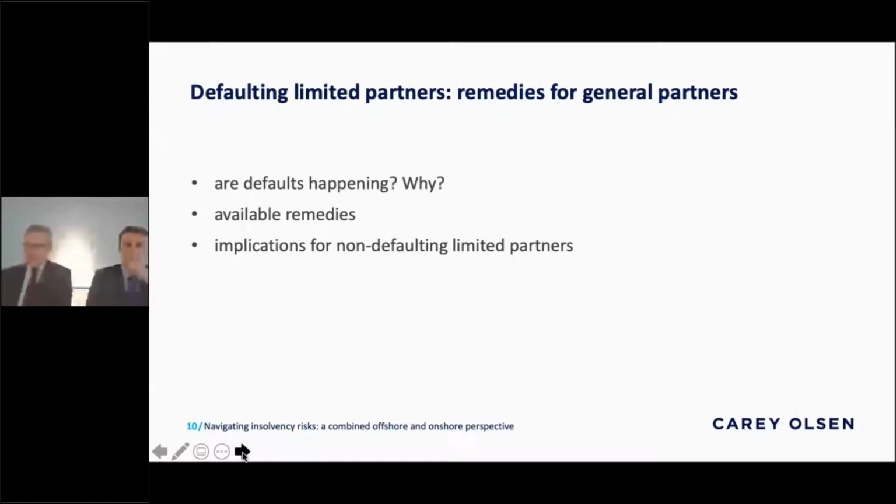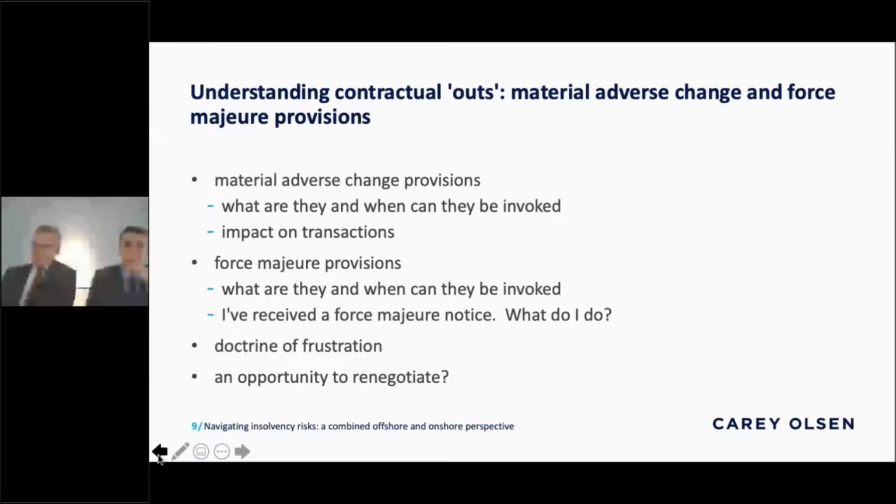What are they? A force majeure provision is a contractual term by which one or both of the parties is excused from performing an obligation under the contract in whole or in part, or is entitled to suspend performance or to claim an extension of time for performance upon the happening of a specified event which is beyond that party's control.